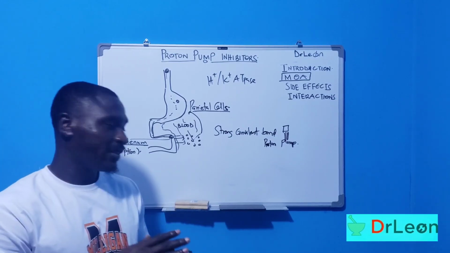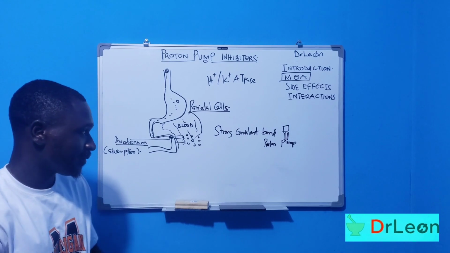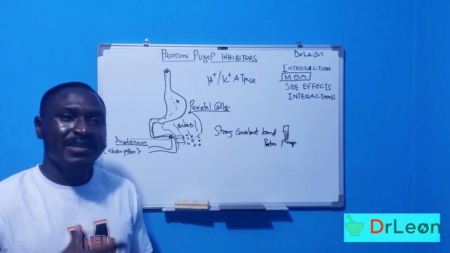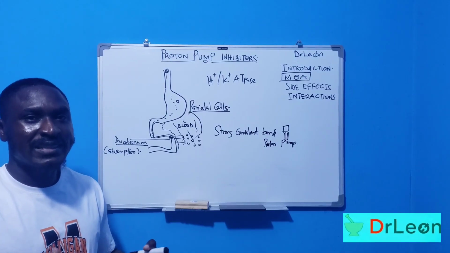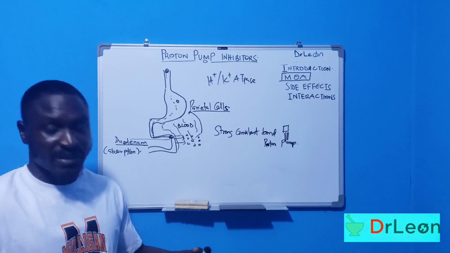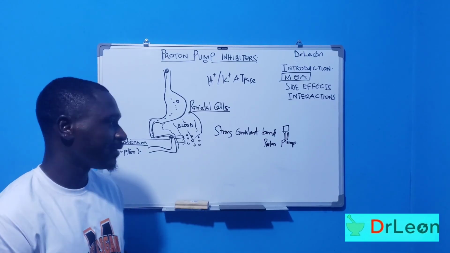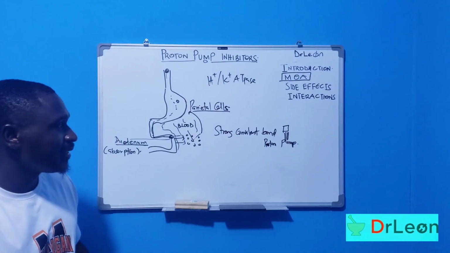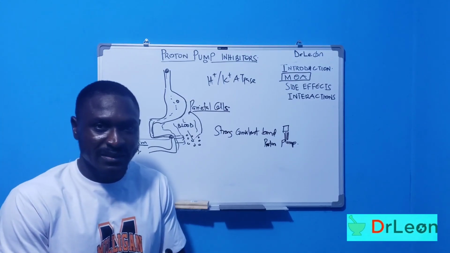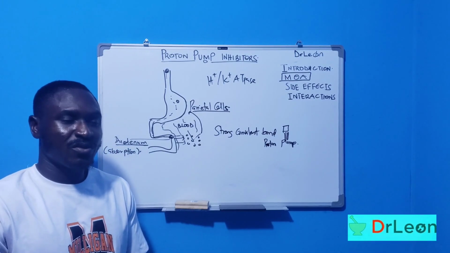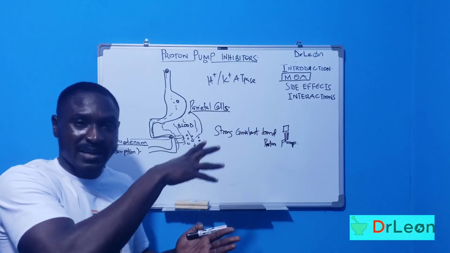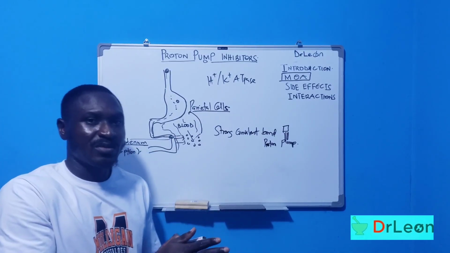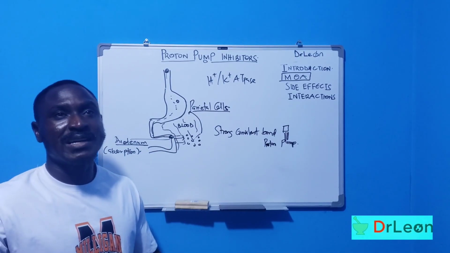When the drug gets to these parietal cells, they inhibit those proton pumps which are actively functioning, actively secreting. First of all, they themselves need an acidic environment, so they make use of the acid being produced by the parietal cells to be activated.